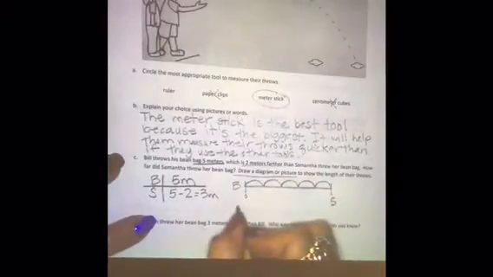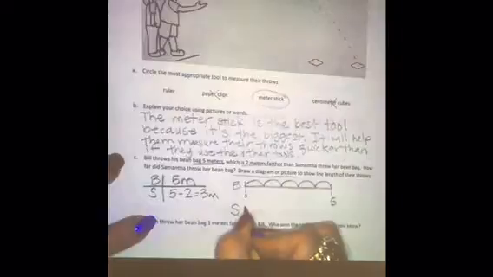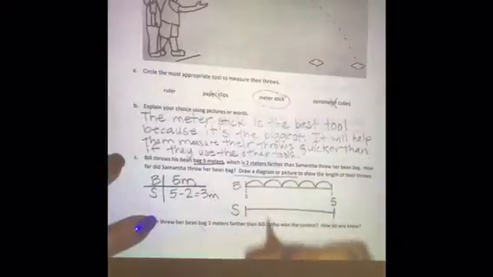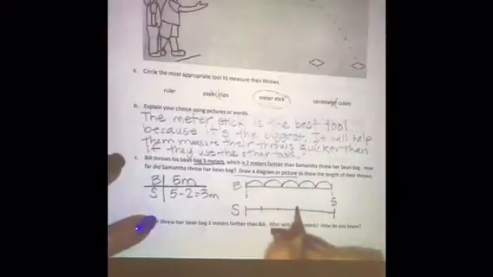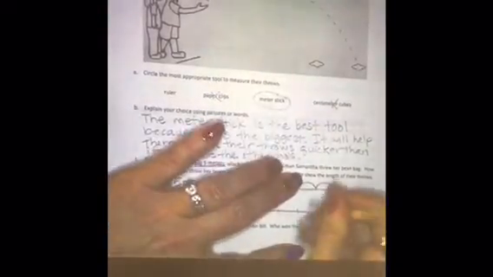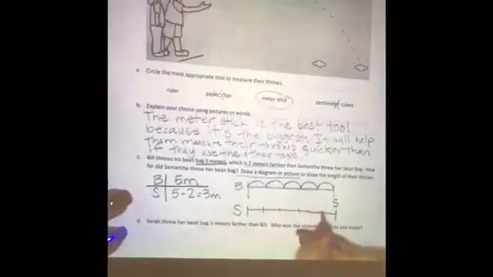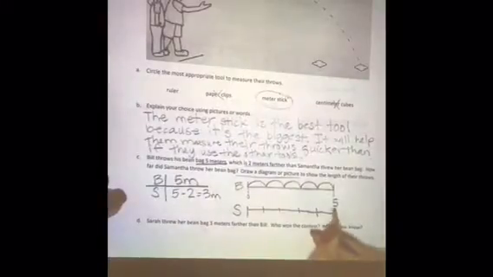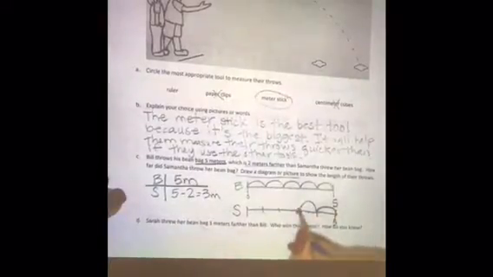And then here's Samantha, and Samantha throws 2 meters less than Bill. Oops, that's not a very good scale. So here's Bill's throw at 5, and Samantha was 2 less.